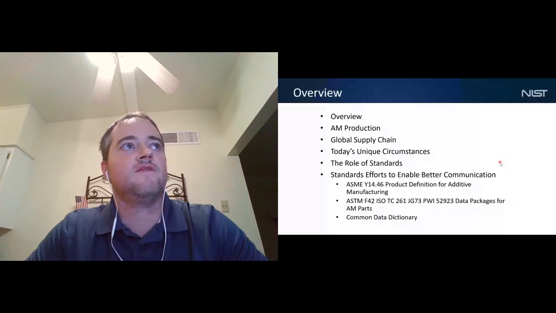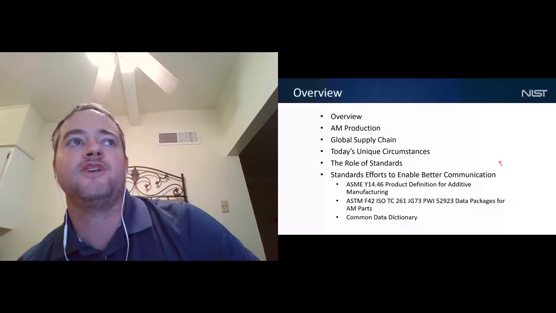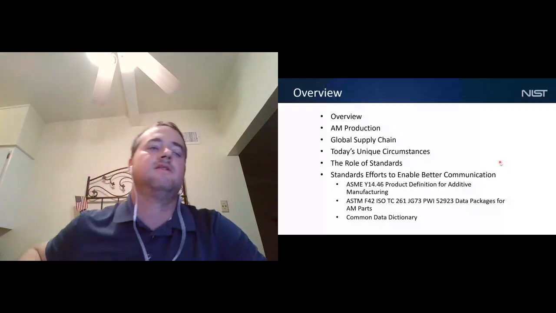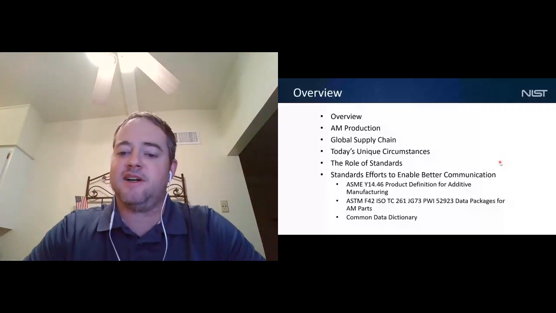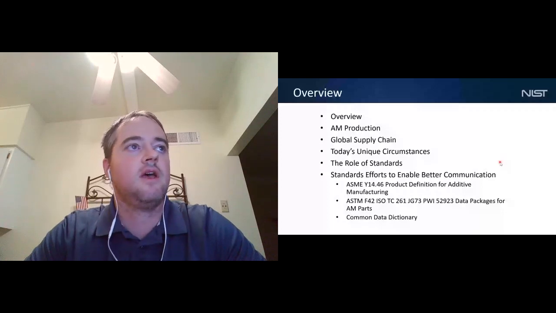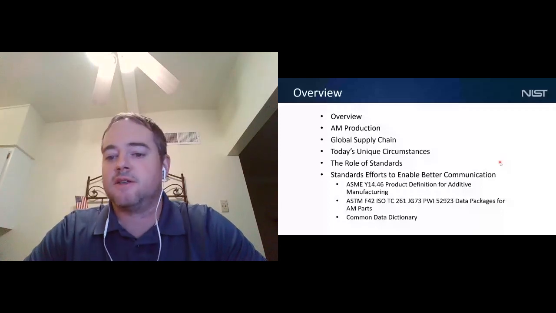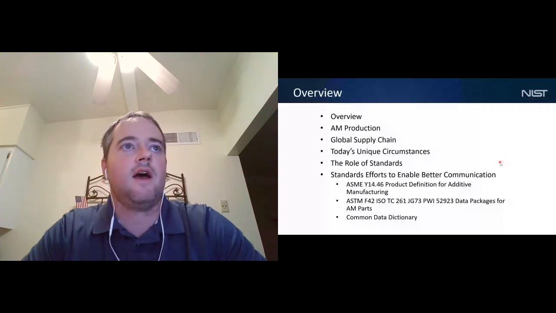So a little bit of the overview. I'll talk a little about AM production. When I talk about communication, I'm really talking about moving past rapid prototyping into the development and creation of parts, which is essentially where we're at today, and we've heard from a lot of our presentations. I'll talk a little bit about the global supply chain in additive manufacturing very briefly.